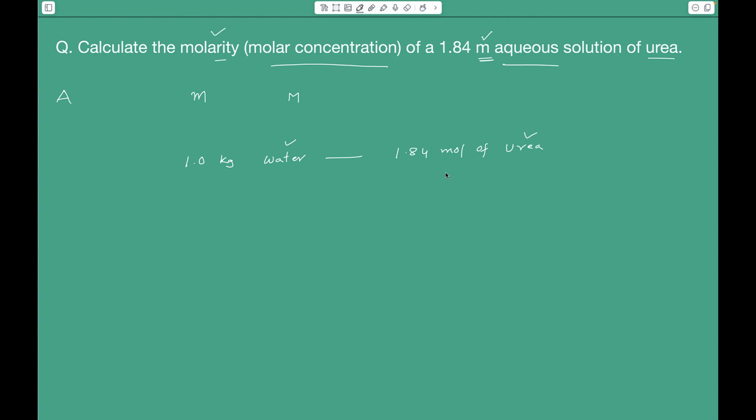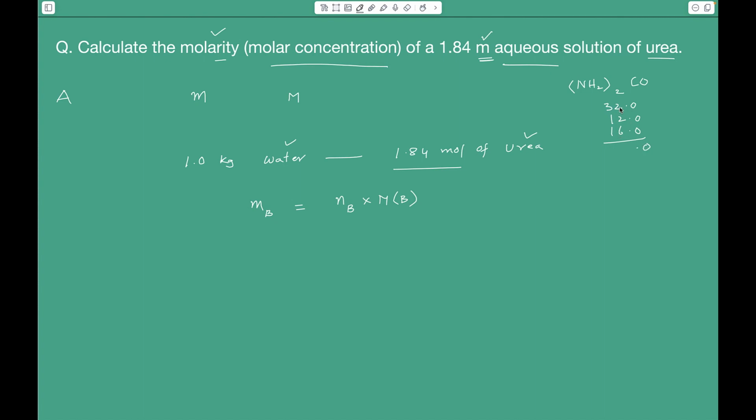Then can you figure out the mass of urea dissolved in 1 kilogram of water? You can do that, right? Given the amount of substance or the number of moles of urea, the mass of urea or the mass of solute is the number of moles of solute multiplied with the molar mass of the solute. Here the solute is urea, and the molecular formula of urea is NH2 twice CO. Then what is its molar mass? Is it 14 plus 2, 16 times 2 is 32 plus 12 plus 16 again, right?